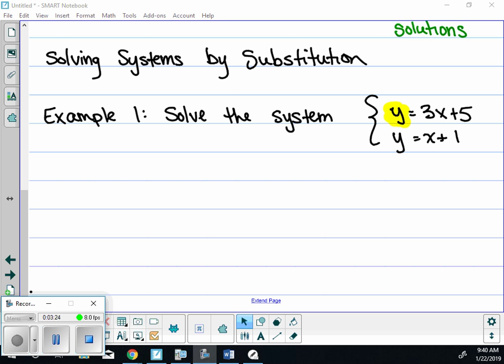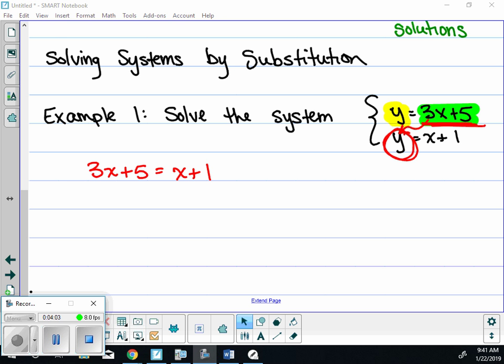Which this is: y is equal to 3x plus 5, which means that that 3x plus 5 can be substituted for the other y. So this y, I am going to rewrite as 3x plus 5. And that gives us one equation with one variable.